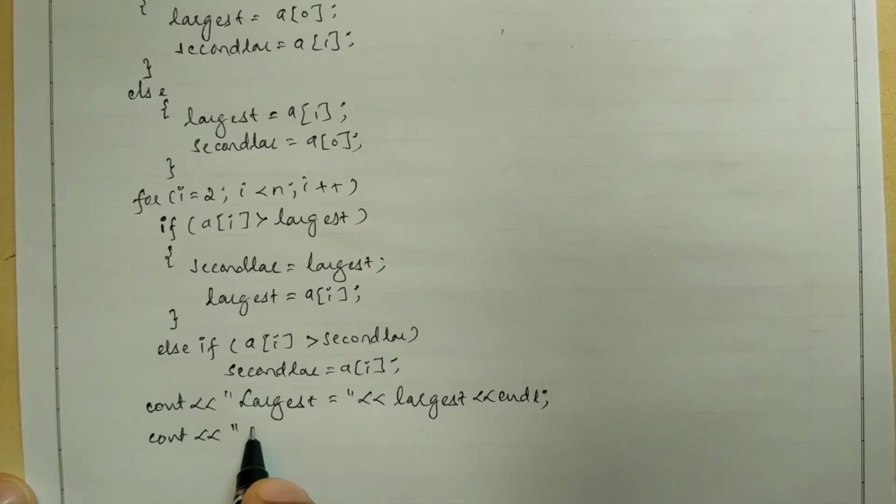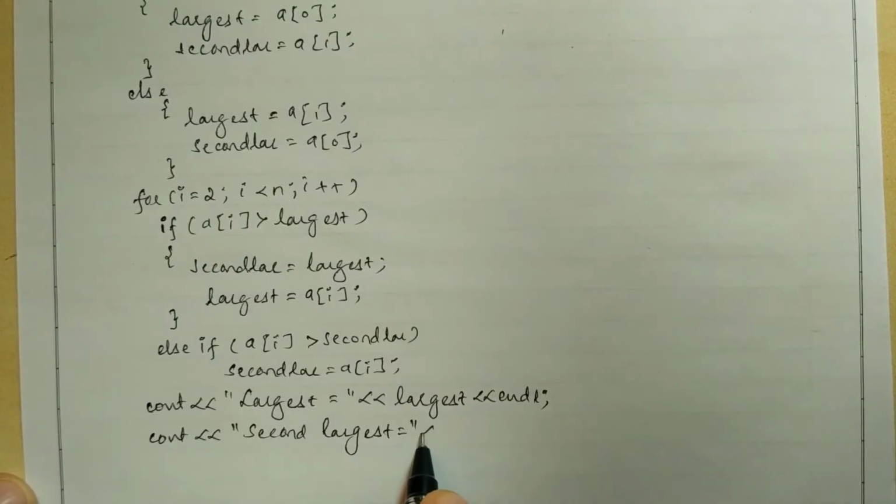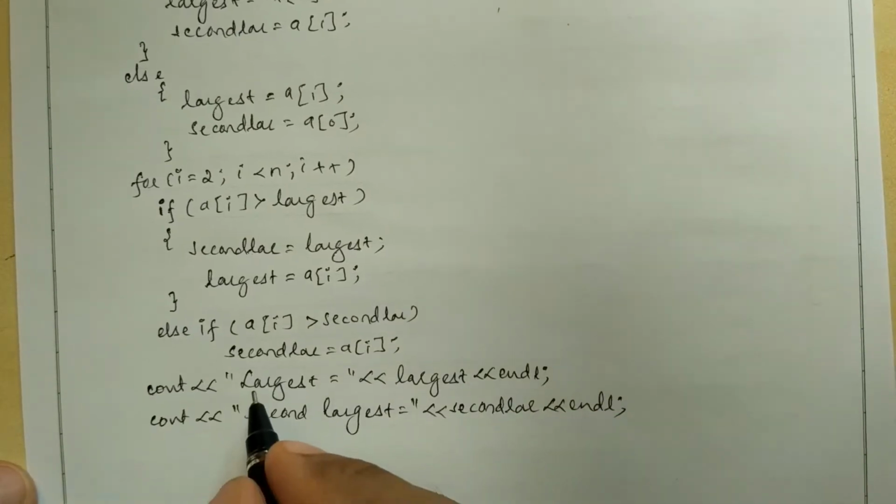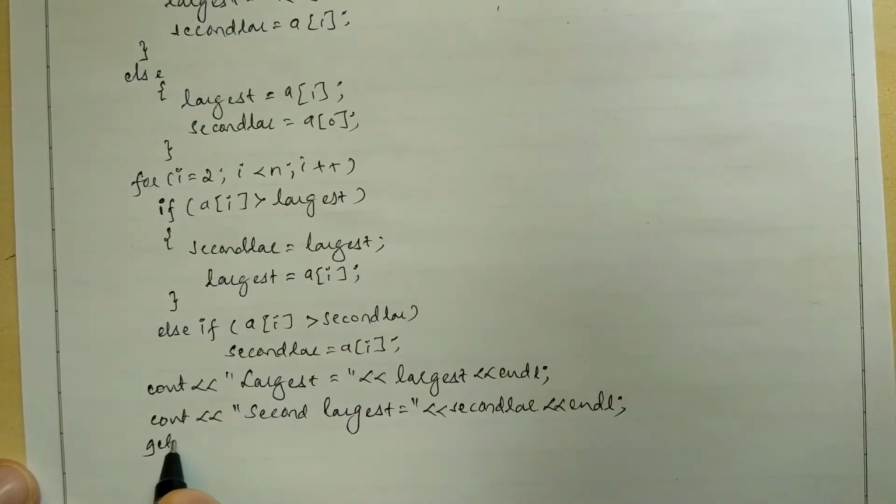In double quotation marks I'm going to write second largest is equal to, end the double quotation mark, stream insertion operator and the variable second largest, endl. Then we are going to write here the getch function and then curly closing brace for the main function.